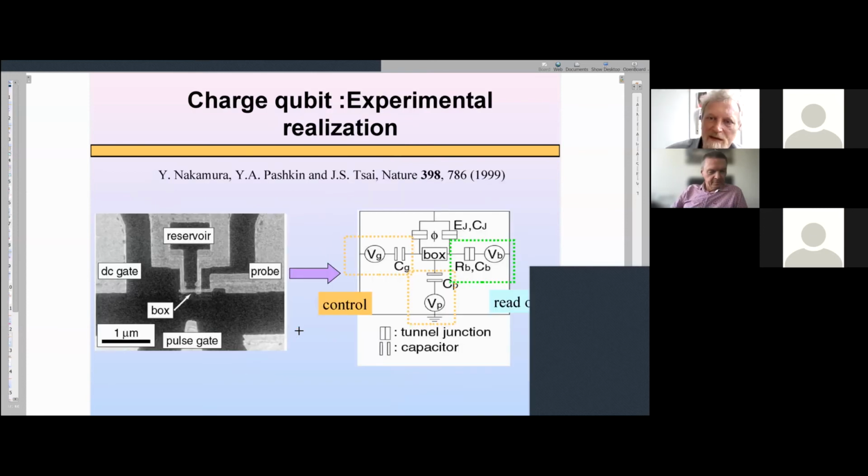Experimental realization, first superconducting device. So there were some fine and interesting things. I don't think I have time to go through all details. Let me just mention the main elements of the setup.